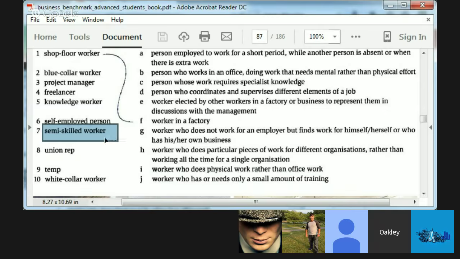Okay, union rep. Rep here is short for, or slang for, representative. And it's E, a worker elected by other workers in the factory or business to represent them in discussion with the management. Discussions about what? For example, what might a union rep talk to the management about? Maybe about salary, raising salary.